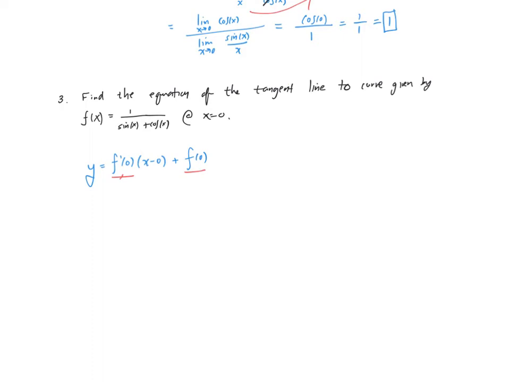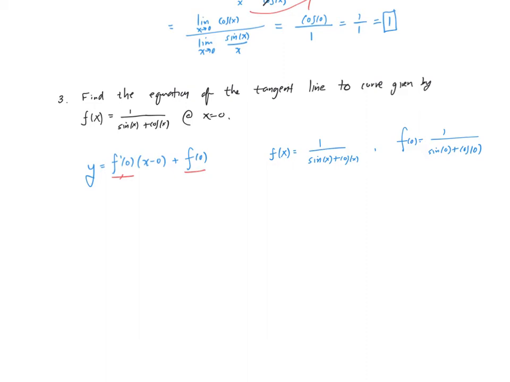So let's do a few side computations. If f of x is 1 over sine plus cosine, then f of 0 is 1 over sine of 0 plus cosine 0. And take a moment and write down in your notes, what are these common trig values?